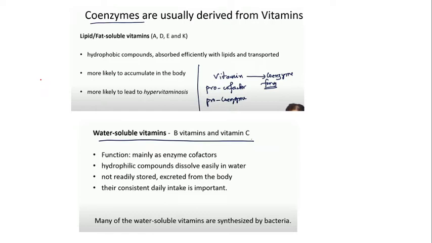That means they are hydrophobic compounds, absorbed efficiently with lipids and transported, more likely to accumulate in the body, more likely to lead to hypervitaminosis. And water soluble vitamins are vitamin B and vitamin C.